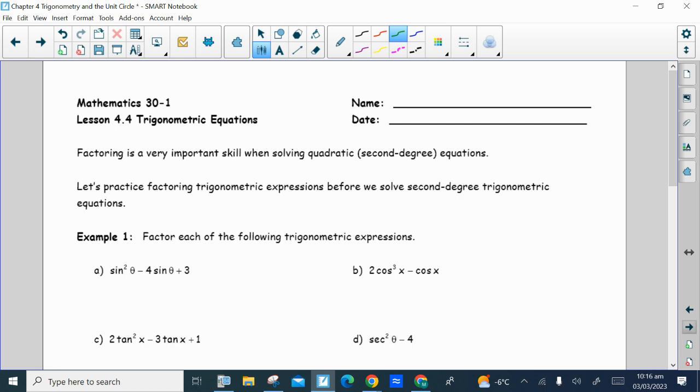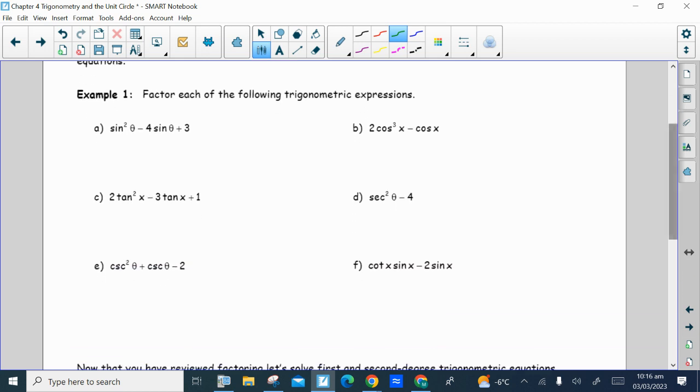So let's practice doing some factoring involving trig expressions. The first one is a trinomial. Sine squared theta, which remember means the sine of theta all squared, minus 4 sine theta plus 3. Now, you can simplify the factoring of this by using some substitution. For example, if we let sine theta equal x.